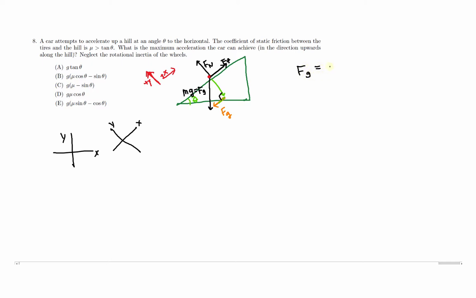So F of g is simply mg, and then the components must be found using trig functions. That theta is the same as our incline angle, and the small triangle and the large triangle are similar triangles.